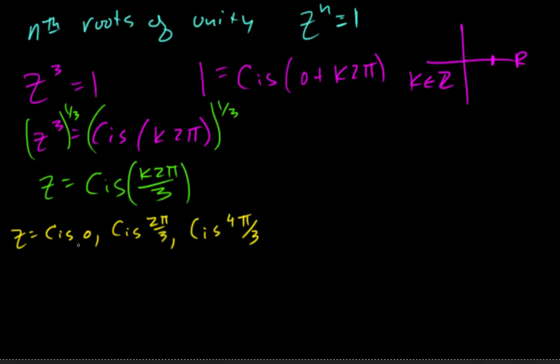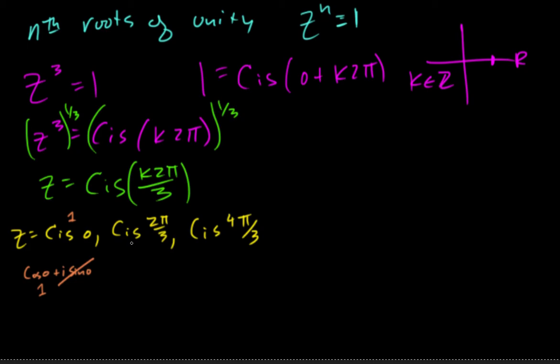Okay. Now, keeping in mind that cis theta is cos theta plus i sine theta. Cosine of 0 is 1. This just goes to 0. And so overall, this one is 1.